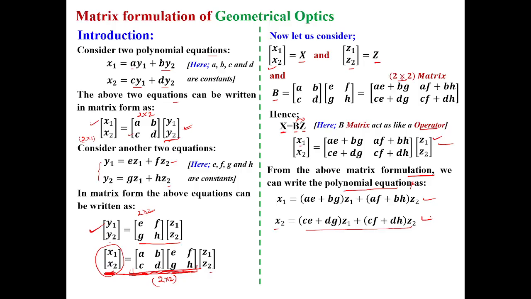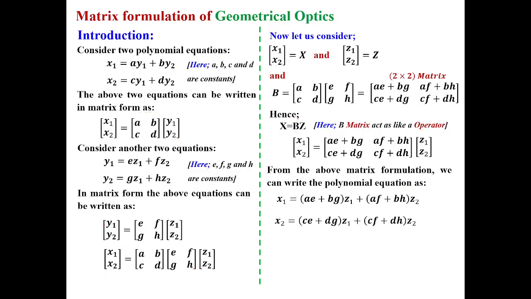So simply, if we have information regarding one set of variables and this operator matrix, we can operate this matrix on these variables and get another two variables, right? Here these matrices are called transform matrices or ray matrices in geometrical optics.